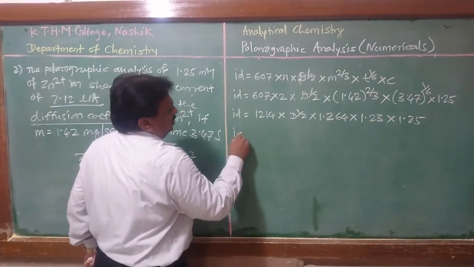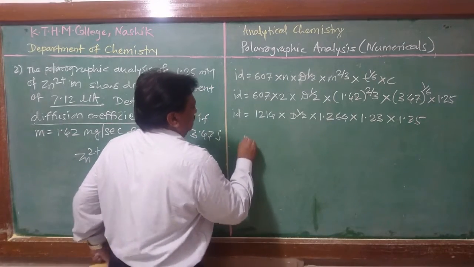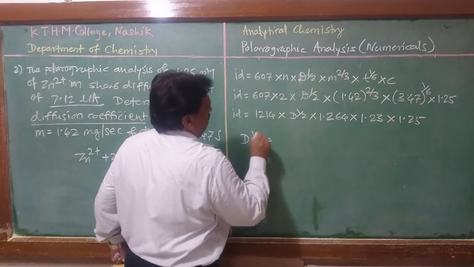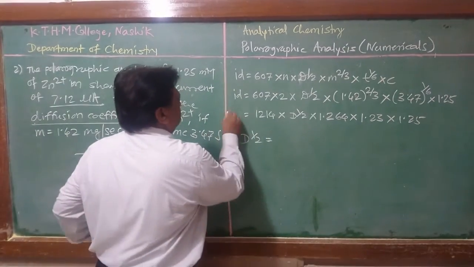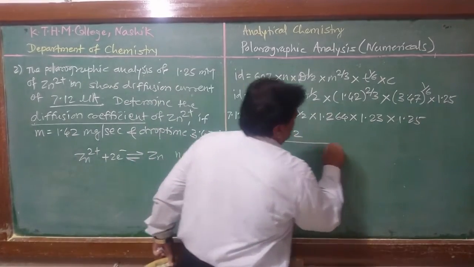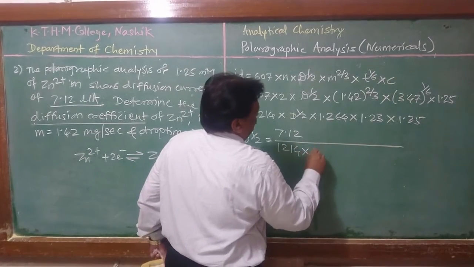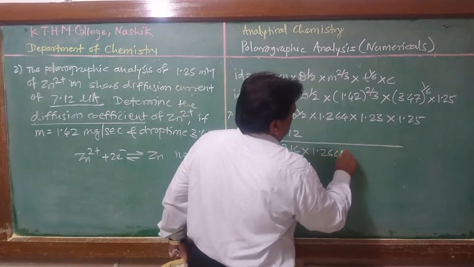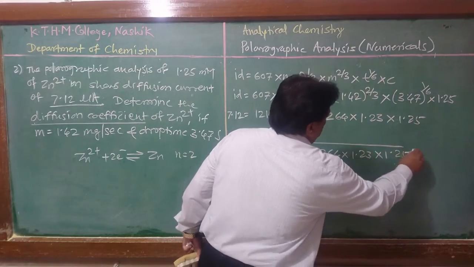Therefore, D raised to half is equal to ID divided by all these. ID is given, 7.12. Therefore, 7.12 divided by 1214 into 1.264 into 1.23 into 1.25.